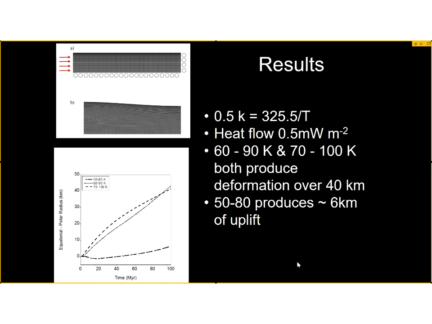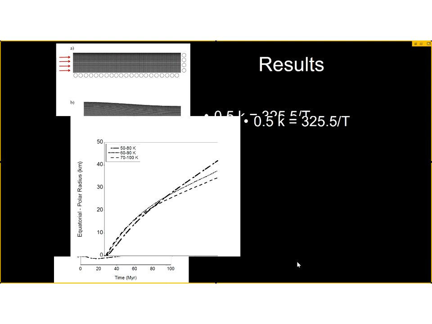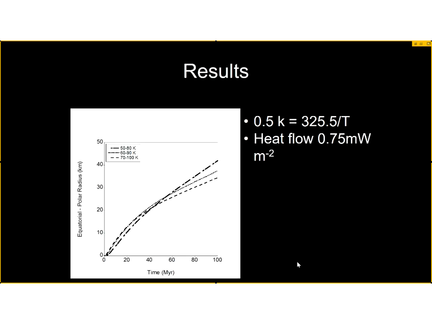I can do this again for 0.75 milliwatts. Once again, you're looking at the equatorial minus polar radius, so we see a little bit warmer now, but all 3 of these, the total deformation is coming down a little, but all of them now are within this narrower range, which is producing more than that 35 kilometers.